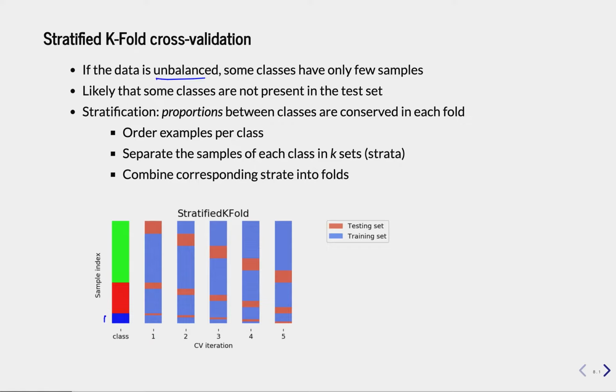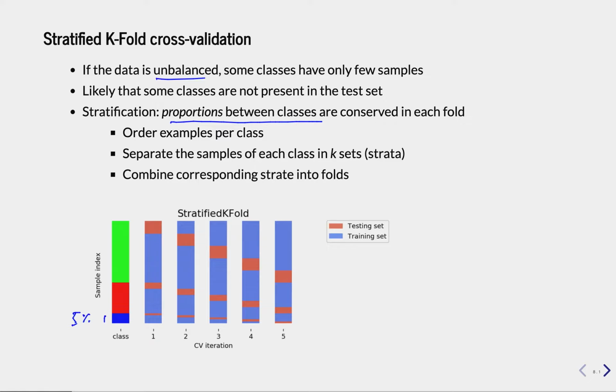Right? Now, to solve that, you can do something called stratification, which means you maintain the proportions between the classes. Right? So if in your original data you have 5% blue examples, you make sure that all of your test sets have 5% of test cases of the blue class as well.